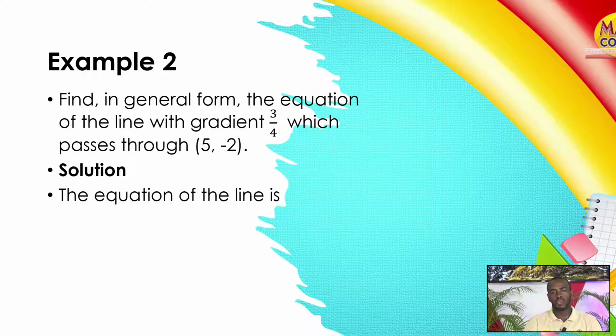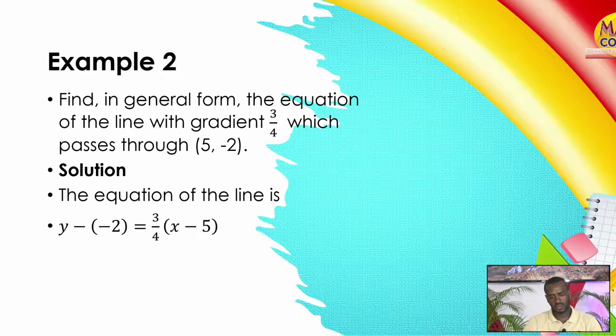So, what do we have so far? We realize that we have a point, and we also have the gradient. So let us now use the gradient point form to find the solution of this equation, which is y minus -2 is equal to 3/4 into x minus 5.